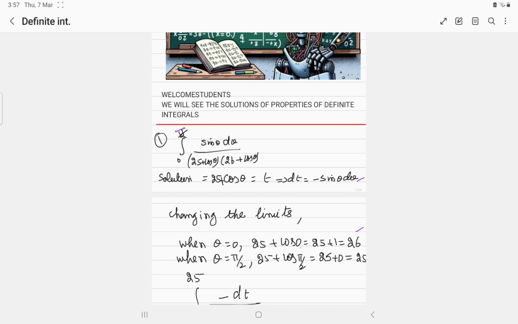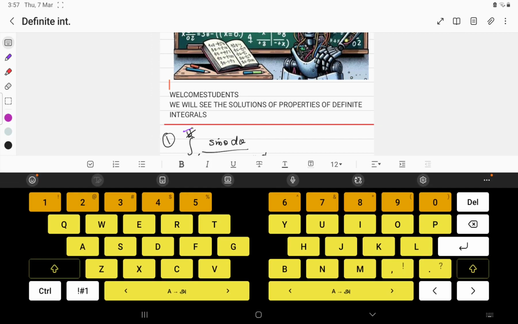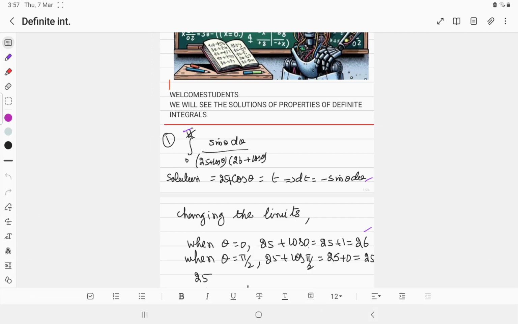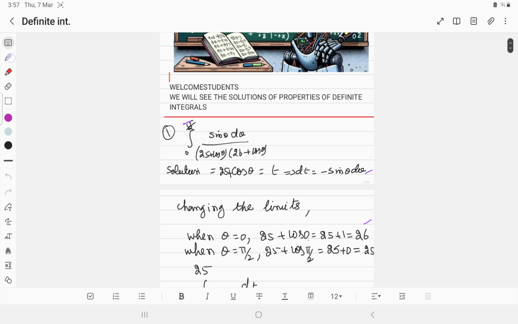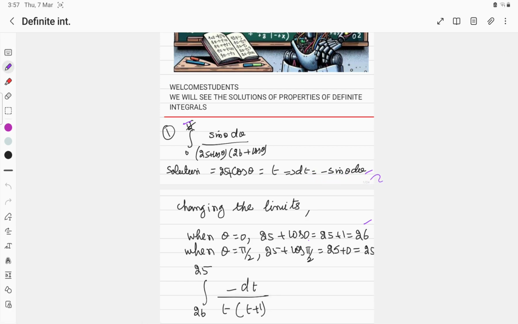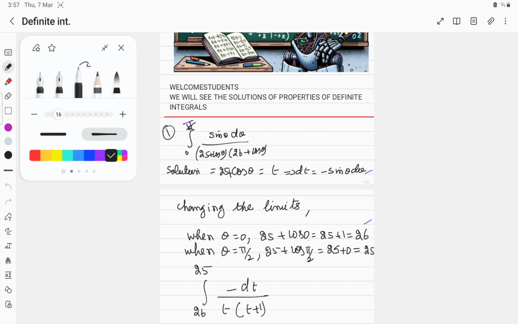Solutions. Take 25 plus cos theta is equal to t, then dt is equal to minus sin theta d theta. If you take substitution, we have to change the limits also.